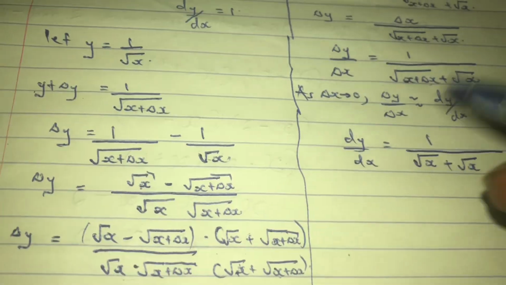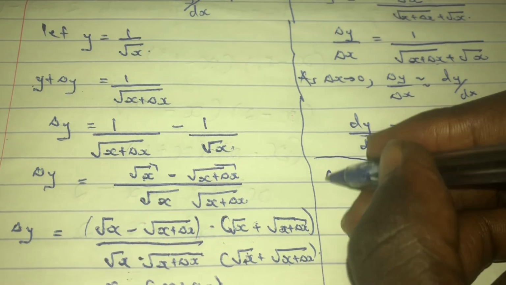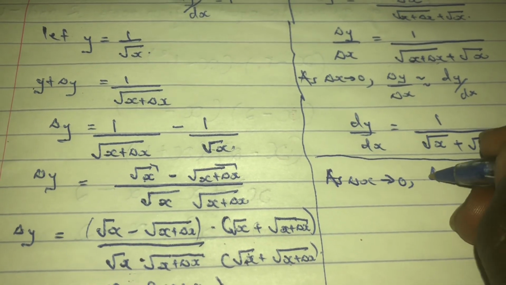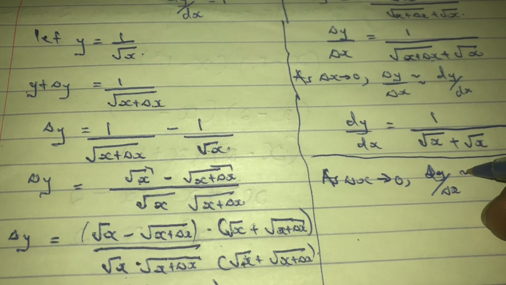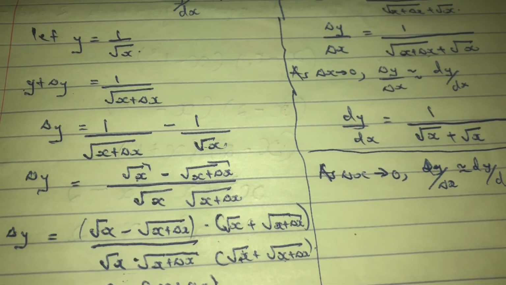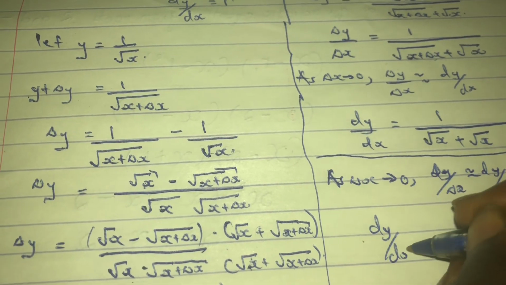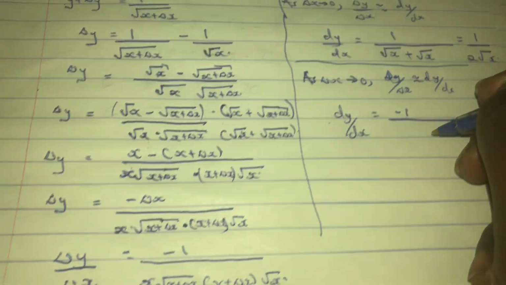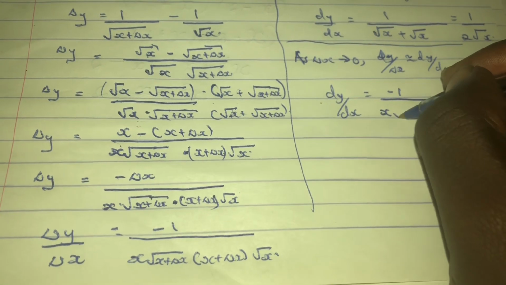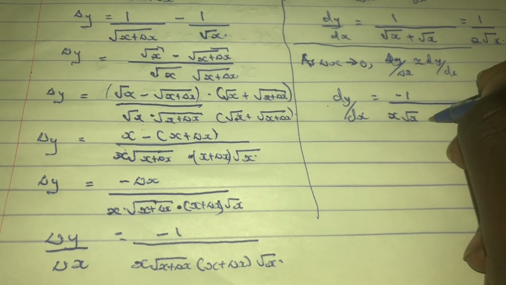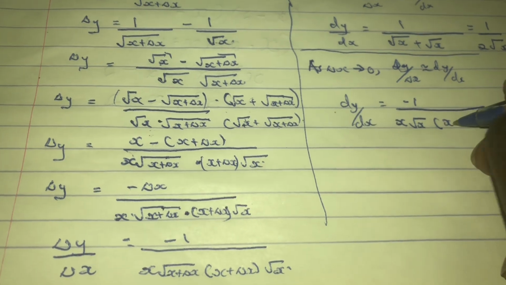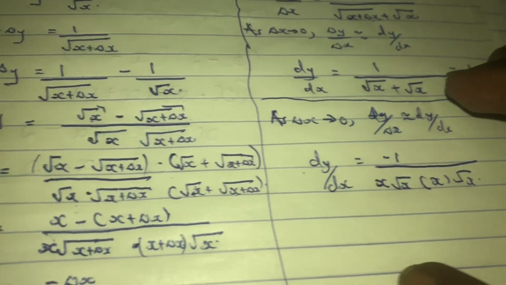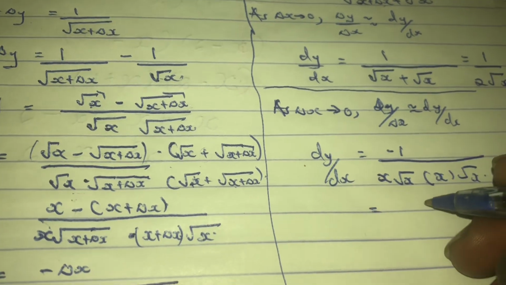So we also assume the same, as change in x tends to 0, change in y over change in x approximates to dy dx. That means our dy dx will be negative 1 over x root of x plus 0, and this is x also plus 0, which is x root of x. Are we together?